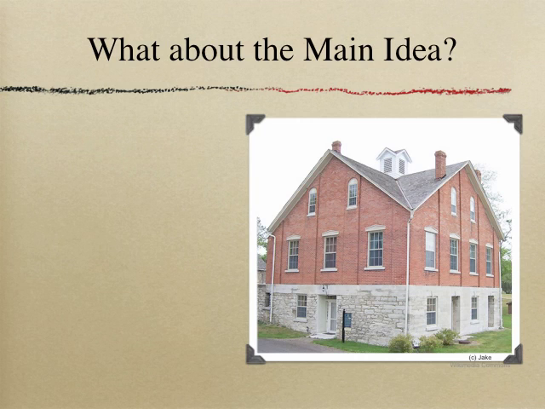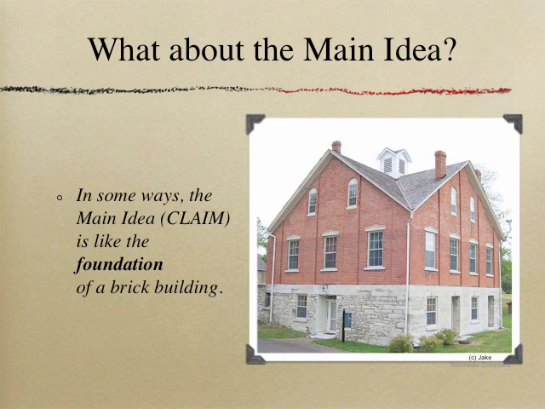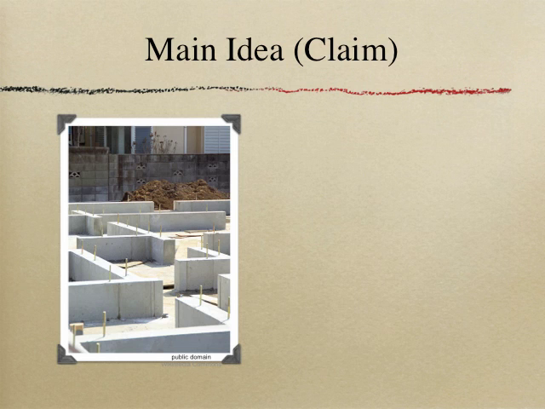We've talked about evidence and links. Now here are just a few words about the main idea. In an analytical MELCON, the M is a main idea claim. It is the main point you want to make about whatever you're analyzing. In our metaphor, it's like the foundation for the brick building. A main idea claim is like a foundation because it is the strong basis for the entire argument.